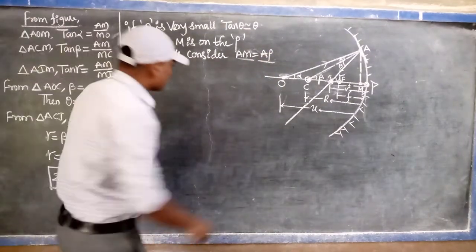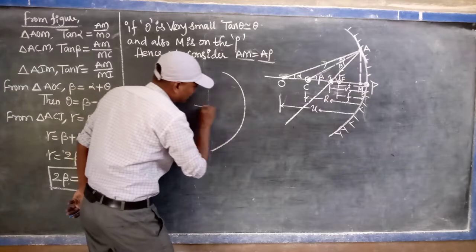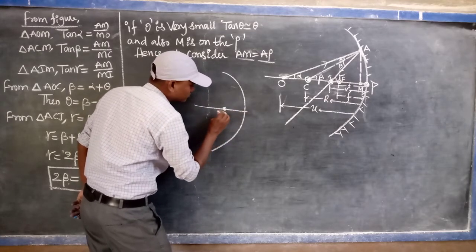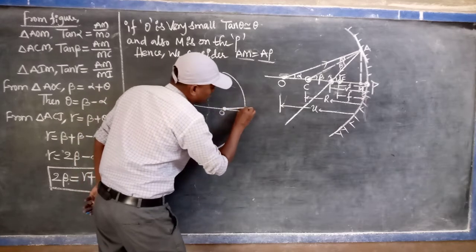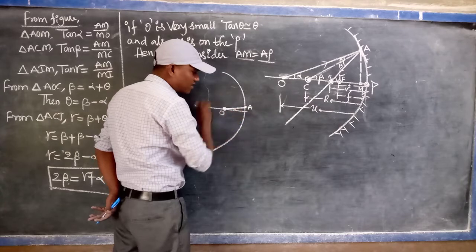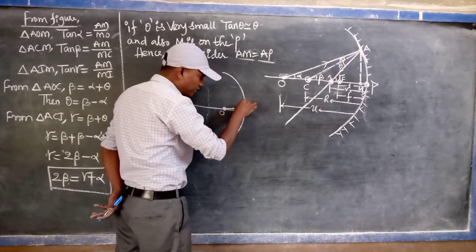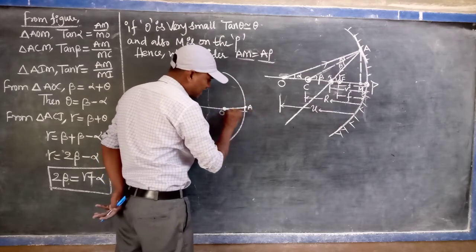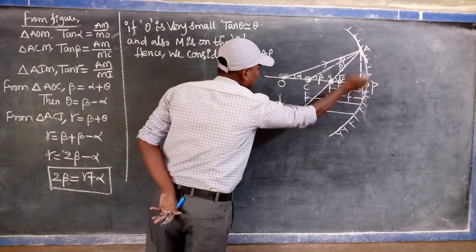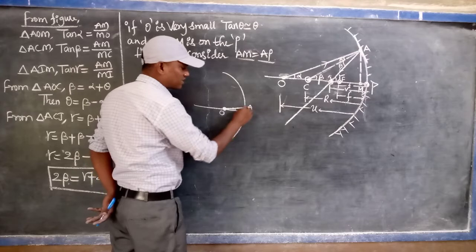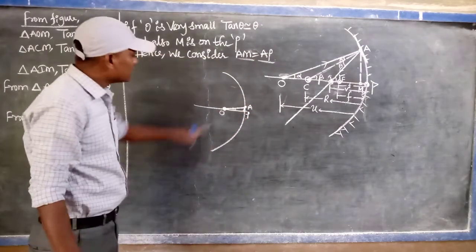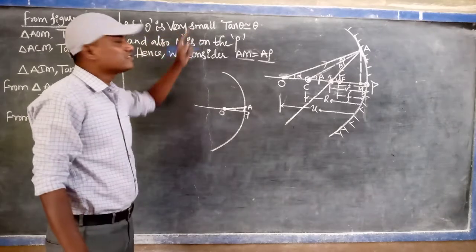In the previous videos I clearly explained that if the angle is very small, here O, like this, which point is it? A point. Is the angle small or not? If from this we draw one perpendicular line, it is exactly P. That's why M exactly coincides with P. That's why AM is nothing but AP.